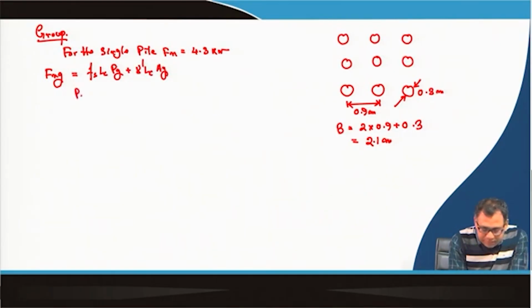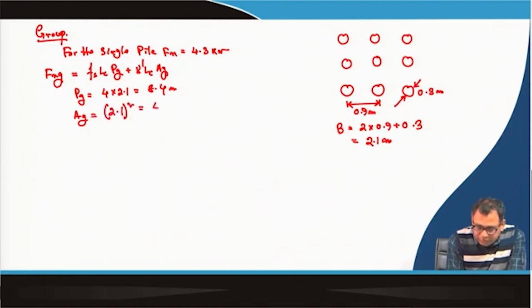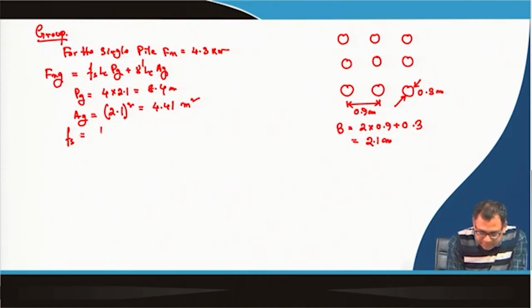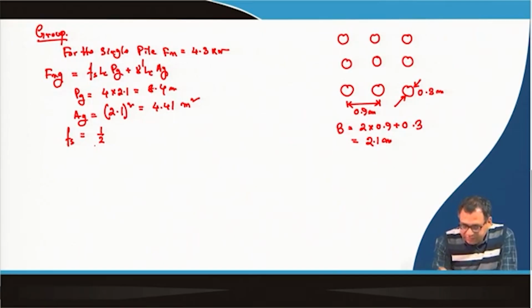Pg is 4 into 2.1, that is 8.4 meter, and Ag is 2.1 square, so that is 4.41 meter square. Fs is the friction resistance, and we are taking that same value. Now we can draw it in linear fashion.